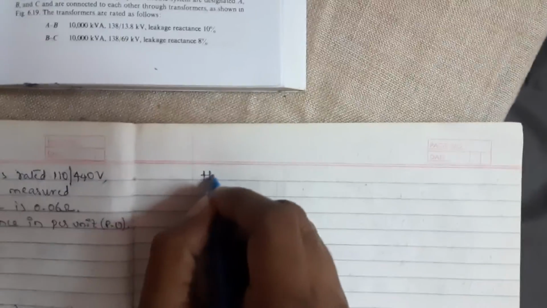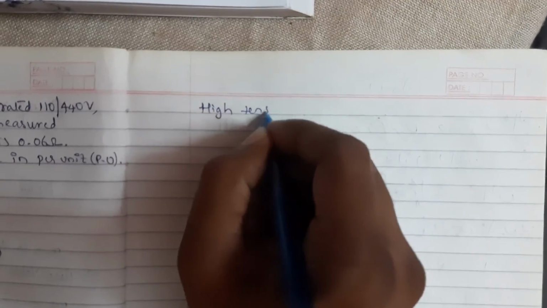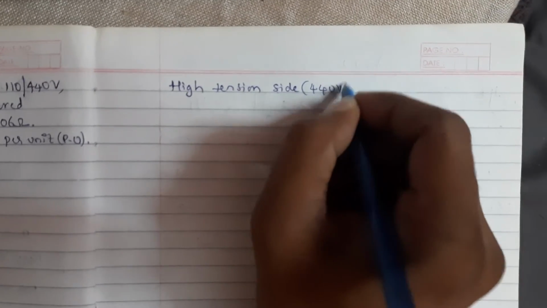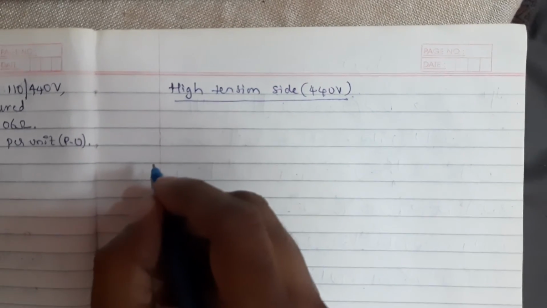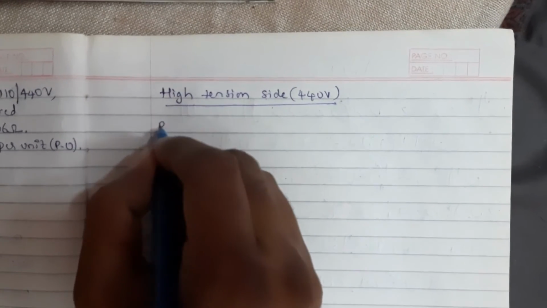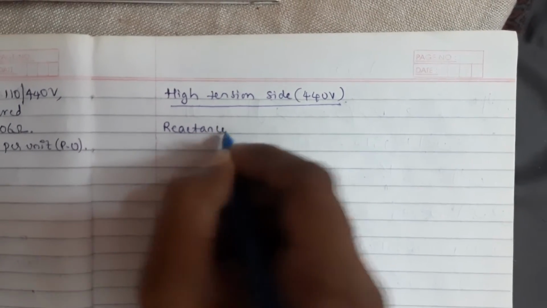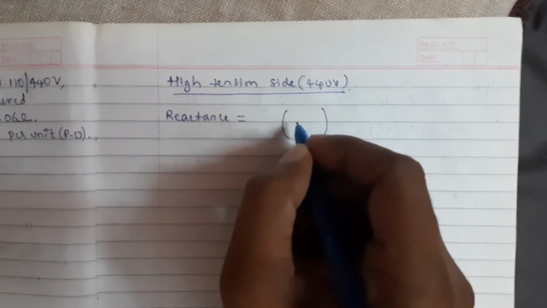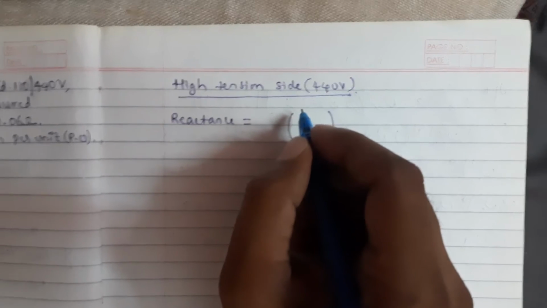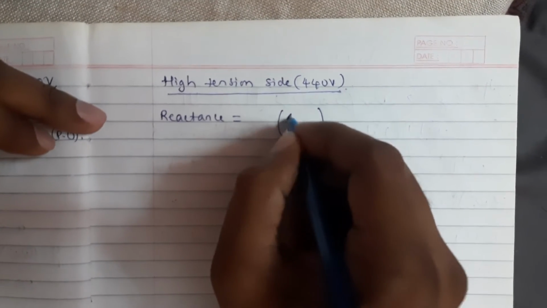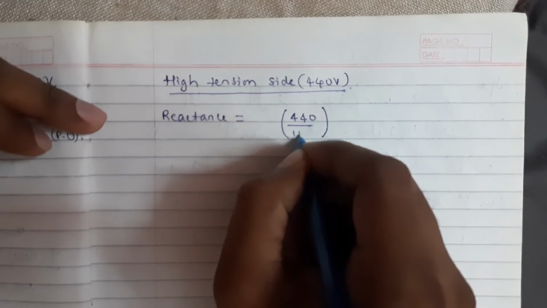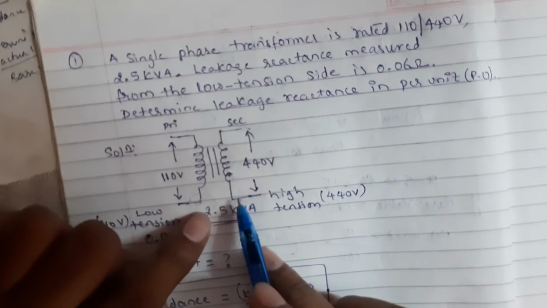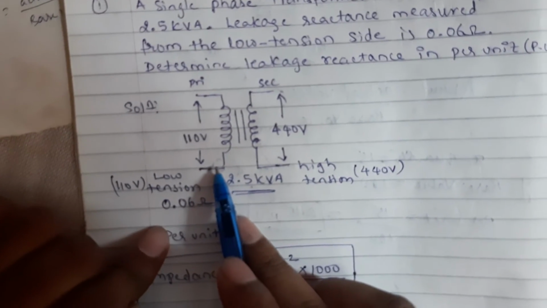So it is for the high tension side, that is 440 volts. First we have to find the reactance. Two voltages are there, V1 and V2, and the reactance is referred to the primary winding reactance.